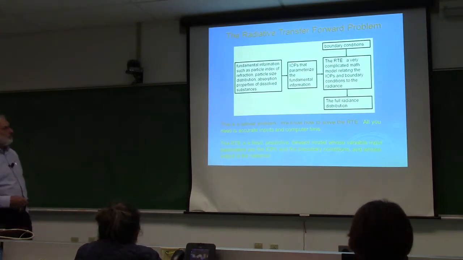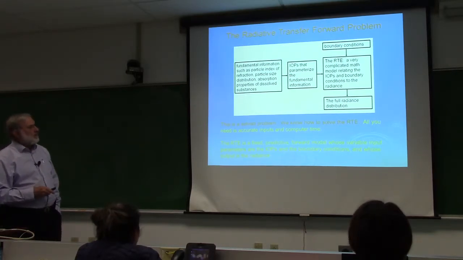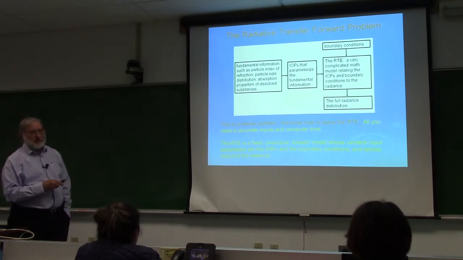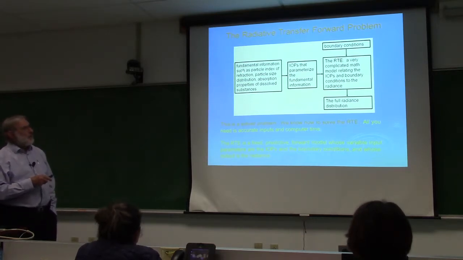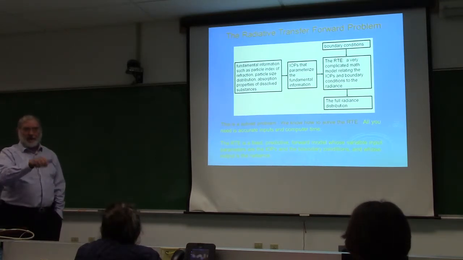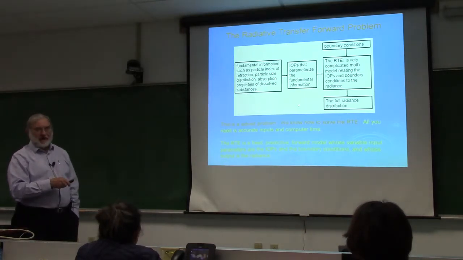So basically, for a forward problem in radiative transfer theory, you really start out with very fundamental information like particle size distribution, index of refraction, maybe the absorption properties of dissolved substances. But when you look at the radiative transfer equation, it doesn't have particle size distribution in there. It has absorption and scattering.